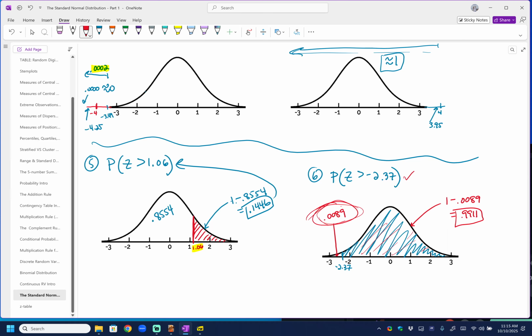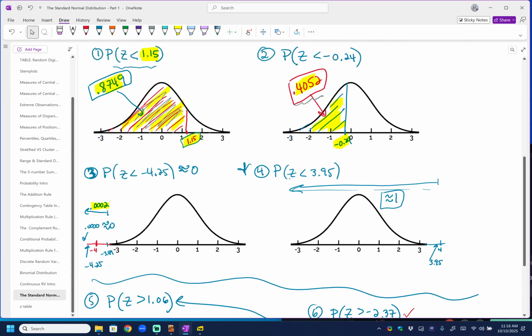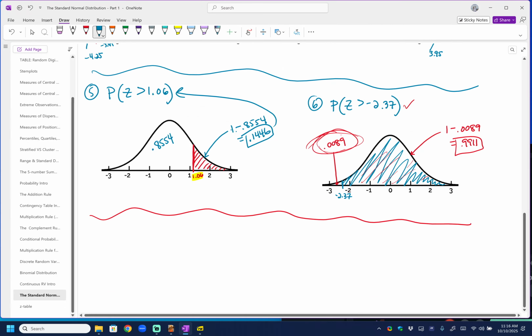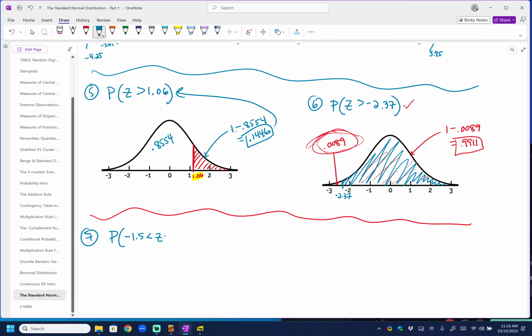So far we've dealt with areas below and areas above. There happens to be one more very common type of area that you often see, and it's the area between. So for example, the probability that z falls between negative 1.5 and positive 1.25.